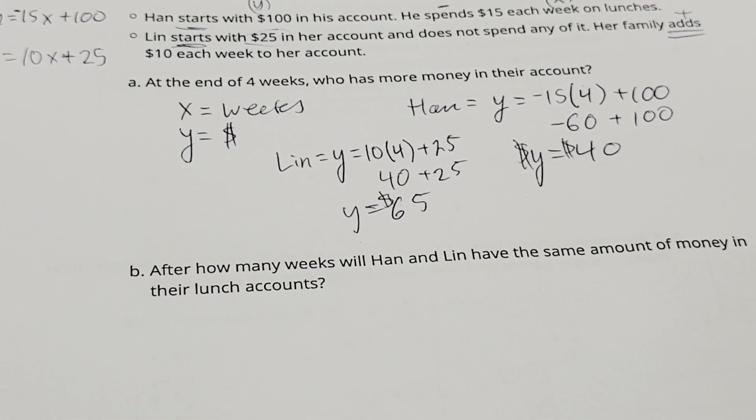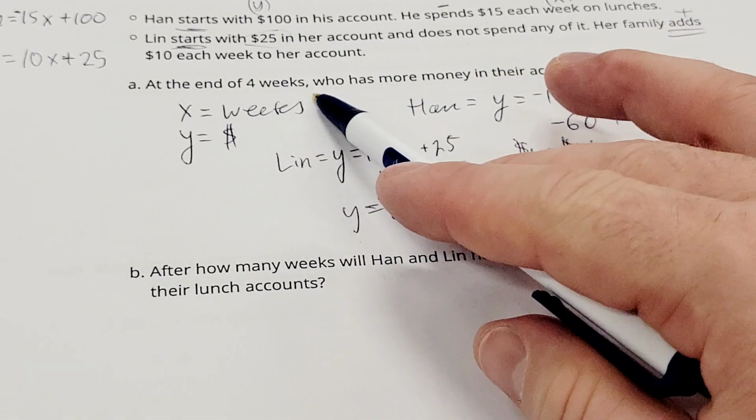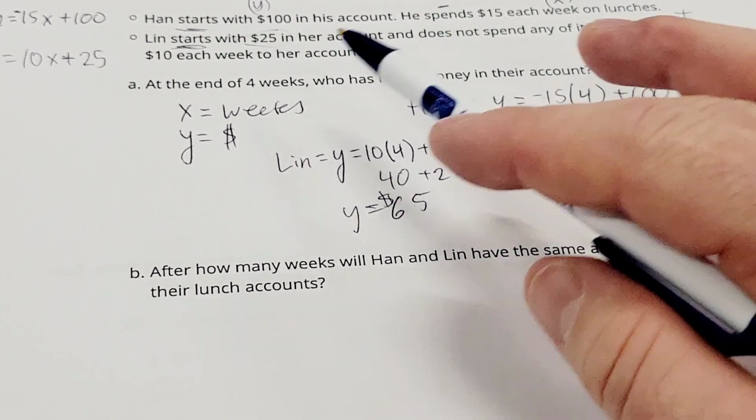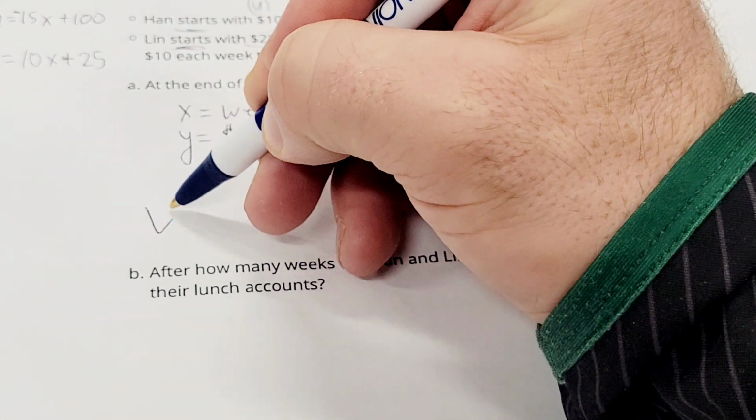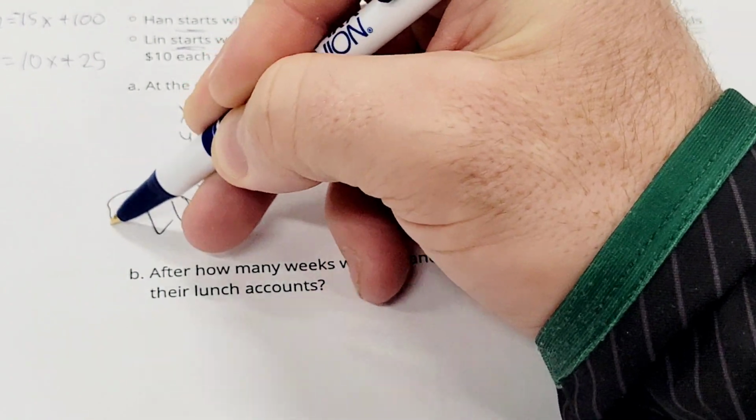Lynn's going to have $65. Okay, so who has more money in their account after 4 weeks? It is going to be Lynn.